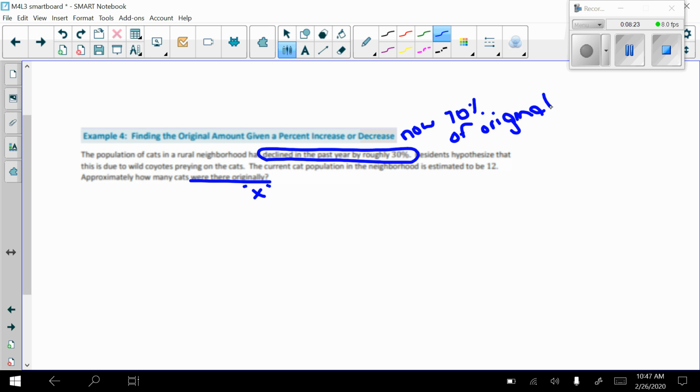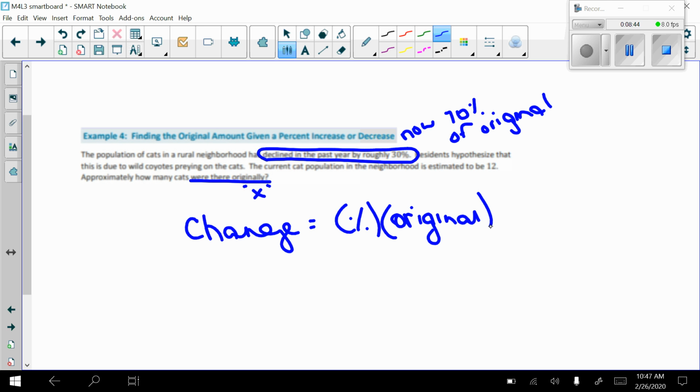Think about that. If it's down 30%, that means 100% would be the same as what it originally was, but it's down 30%. So that means 70%. So change equals percent of original. The change, how much did it change by? The current population is estimated to be 12.